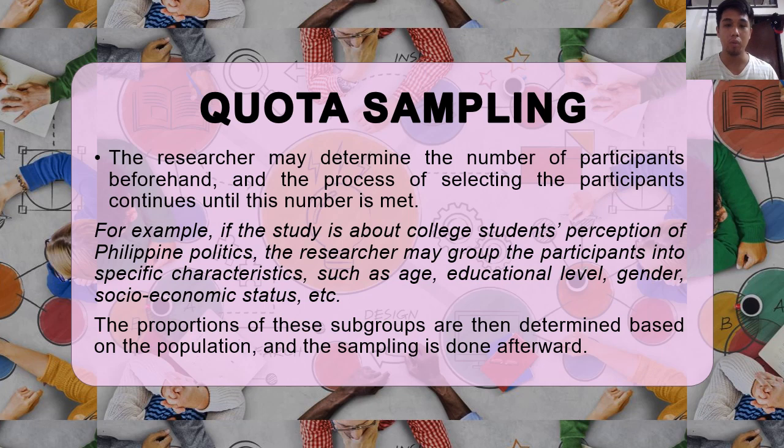And the other proportion, let's say for example 20%, belong to third year to fourth year students, and the remaining proportion belongs to a certain socio-economic status. So this is where quota sampling is done, by meeting the numbers of our desired participants.